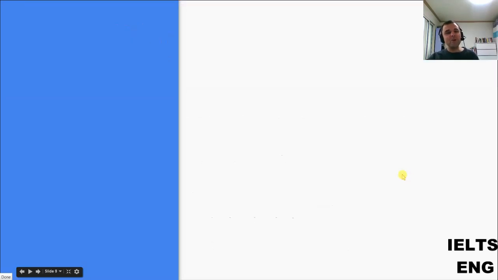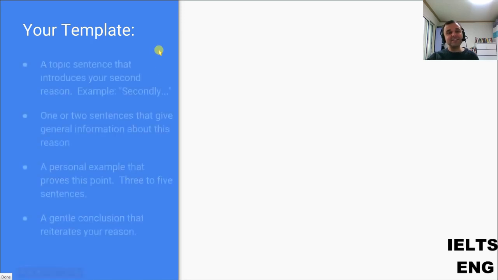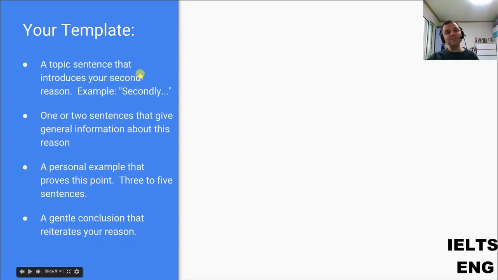So, we're going to do our second body paragraph next. You might be wondering, can I use a template for my second body paragraph? The answer is yes. Yes, you can. And it's very, very similar to the template you're going to use for the first body paragraph.